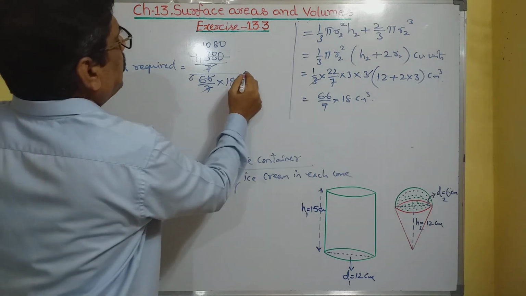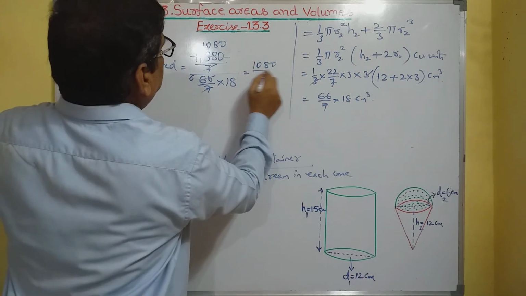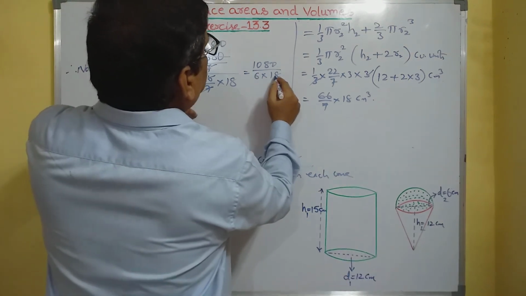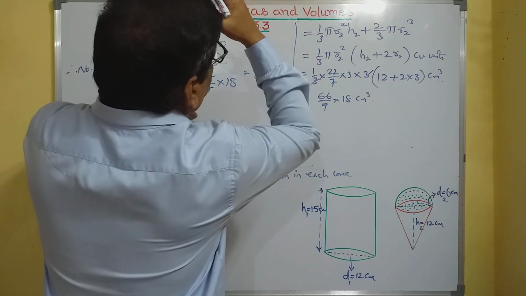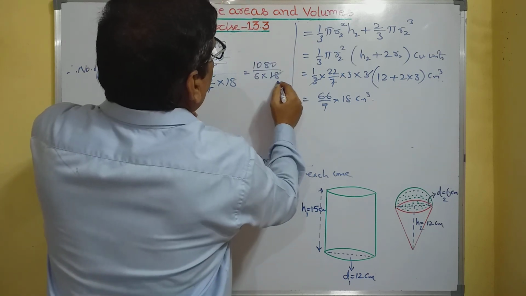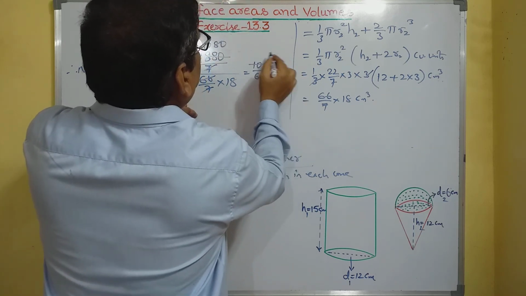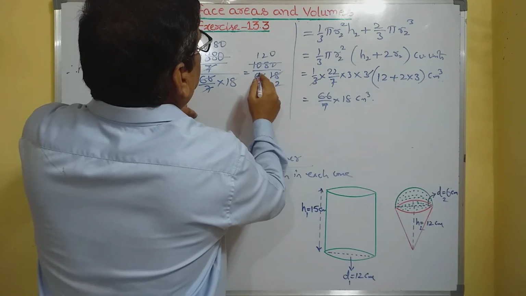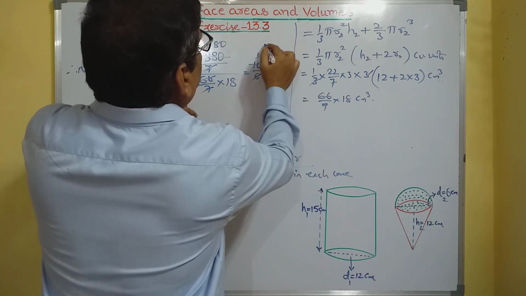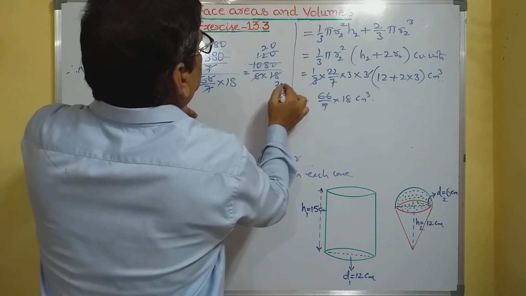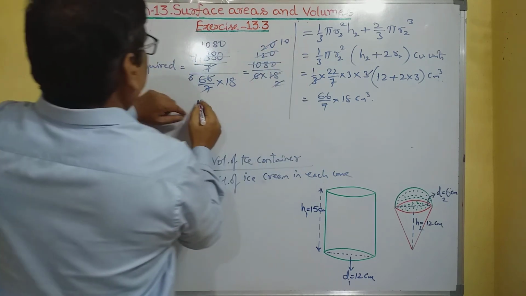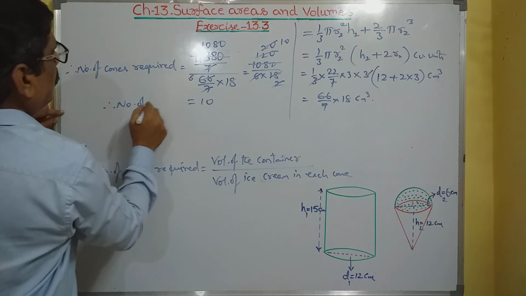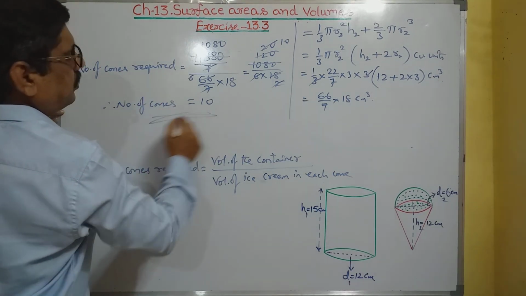Now we get 1080 by 6 into 18. Now in 9 table, I think it is divisible by 9. So 9 2s are 18, 1080 by 9 is 120. Now again 6 20s are 120, and 2 10s. Finally we get 10. Therefore number of cones is equal to 10. This is the answer.